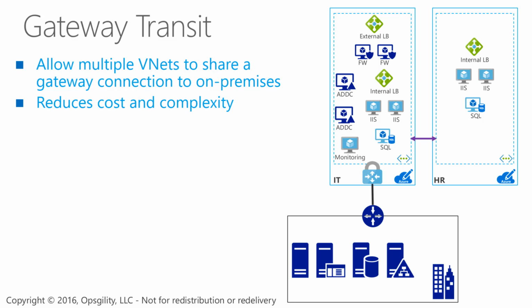So in this example, you can see that the on-premise network, at the bottom of the image, users there will be able to communicate with and use resources in the IT subscription and in the HR subscription. And traffic is going to be able to flow between them, again, because both the IT and the HR virtual networks are using the same gateway, the one provisioned in IT, to connect to that on-premise environment.